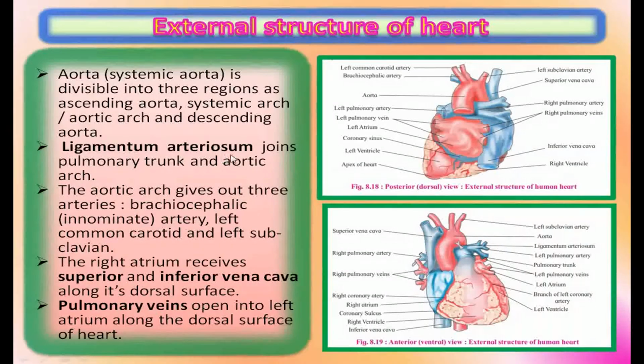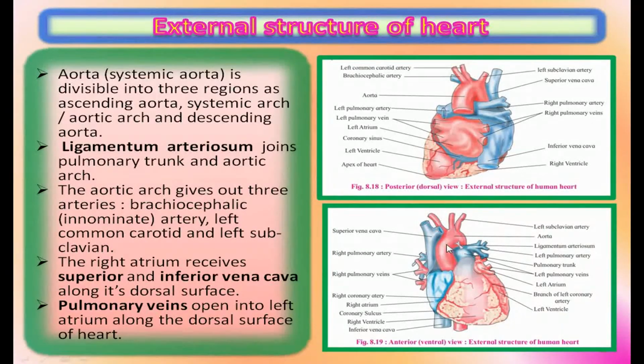The ligamentum arteriosum joins the pulmonary trunk and aortic arch. See here in the figure, this is the aorta, and the white portion is called the ligamentum arteriosum.